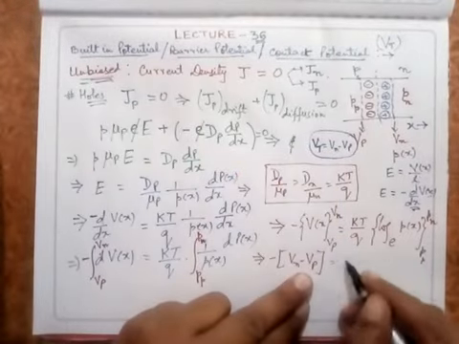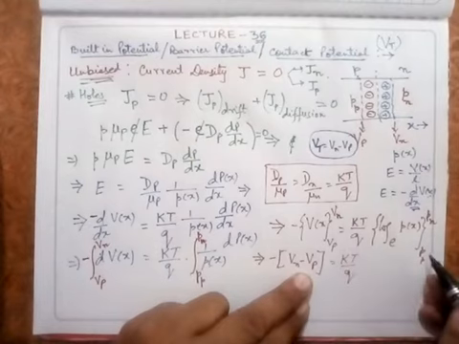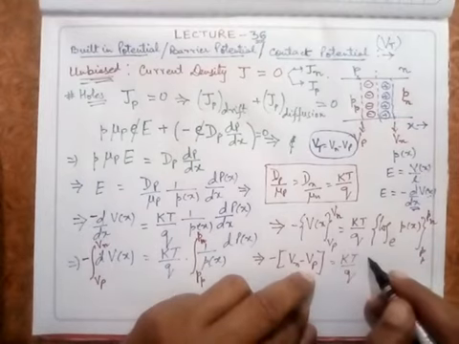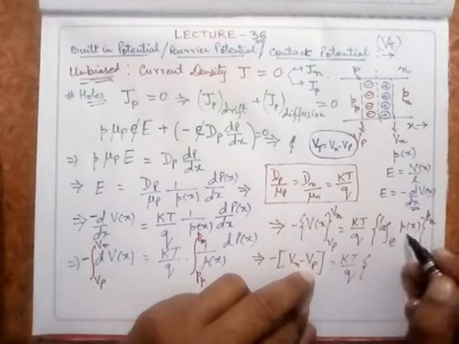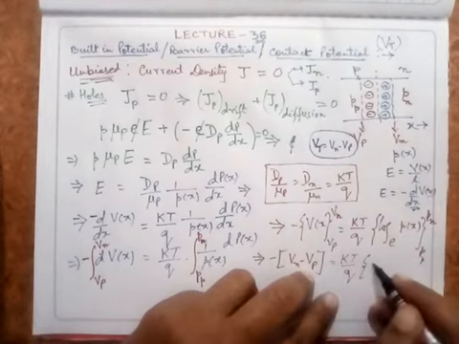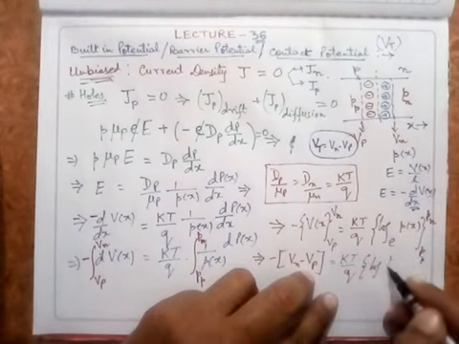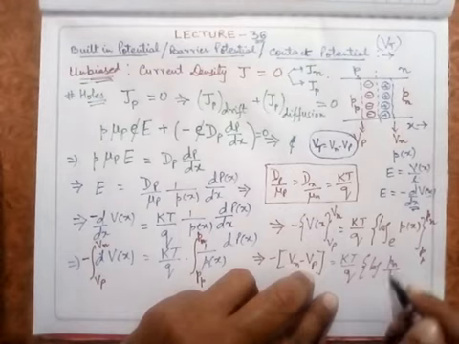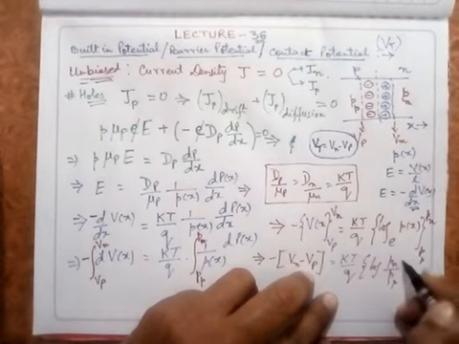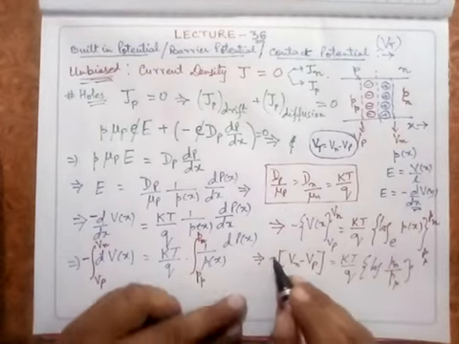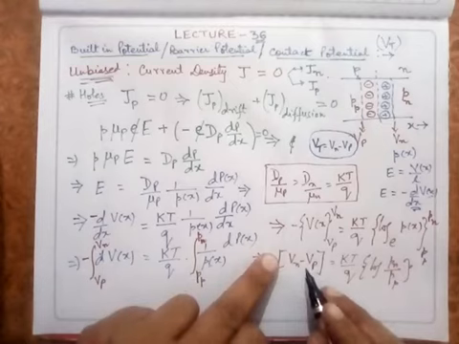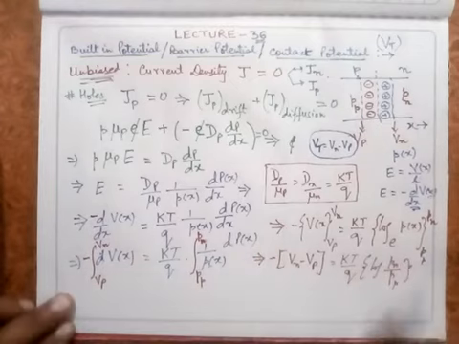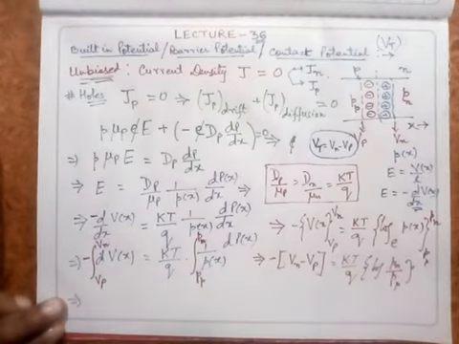It is equal to kT upon q log of pn upon pp. Now in order to remove the negative sign, I have to make it positive, so I can write this as pp upon pn. This implies that this is Vt.